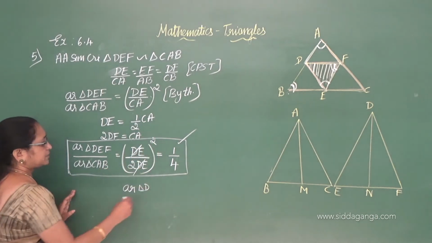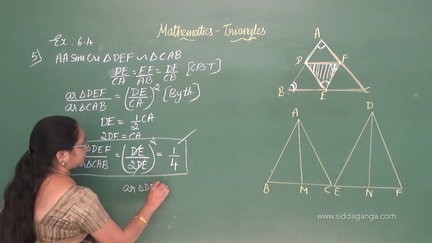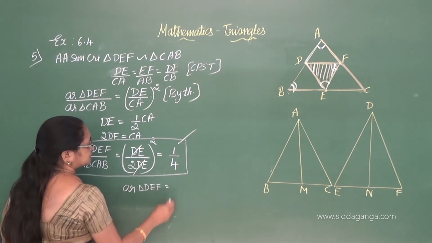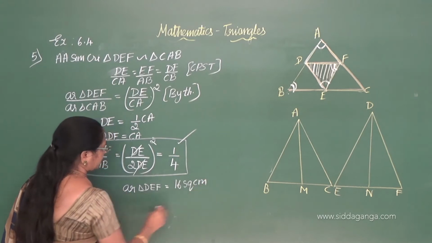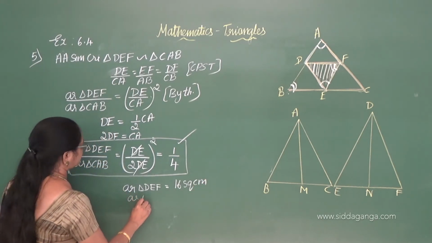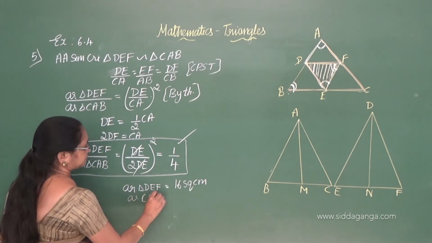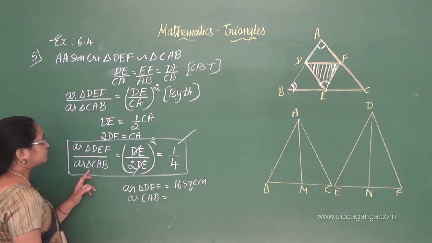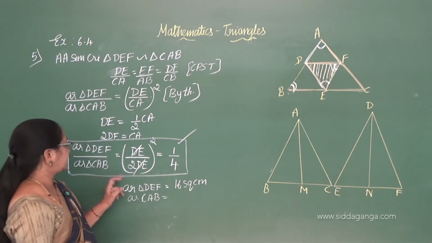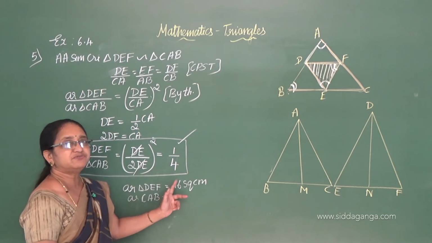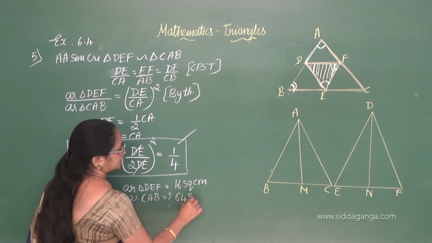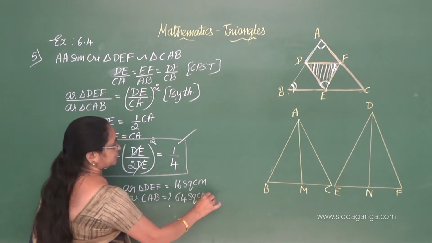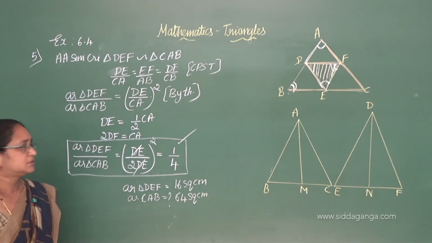Now I am giving, suppose the area of DEF is 16 square centimeter. Now how will you find out the area of triangle CAB? So definitely you all know this will be 4 times, that is 16 4s are 64. So if that is a question mark, then you can find out square centimeter, like that.